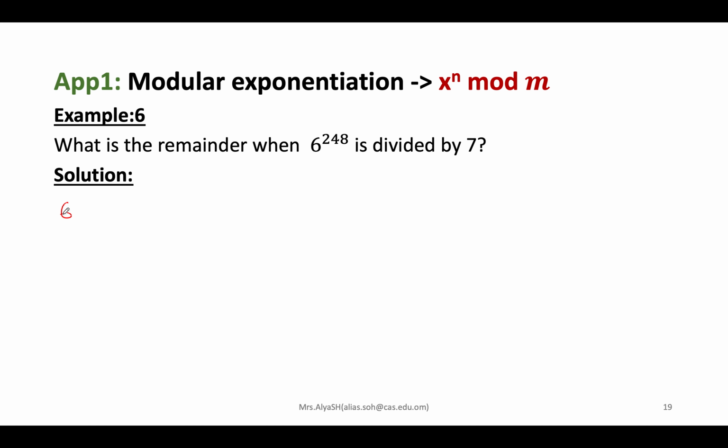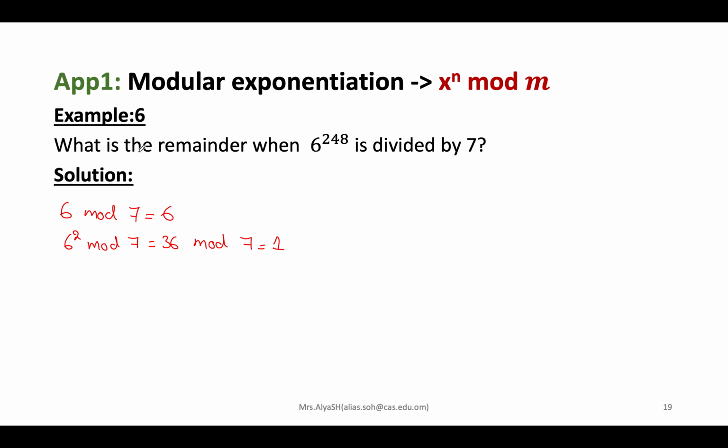Okay, so 6 mod 7 equals 6 because 6 is less than 7, so it is the remainder itself. Okay, how about 6 square? 6 square mod 7 equals 36, and 36 mod 7 is, if I divide 36 by 7, I'm getting 35 and a remainder of 1.